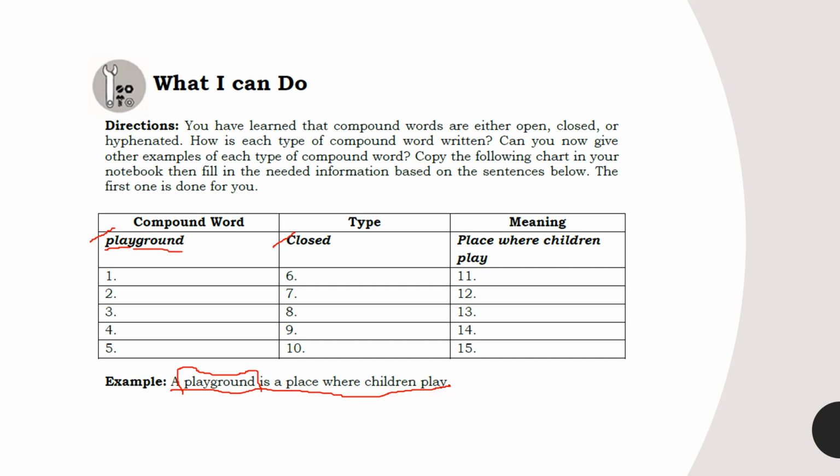There's no space, so it is a closed compound. And then the third task is for us to provide the meaning of the compound word using the context clue. It is written here that it is a place where children play, and that is the context clue or the meaning of the word playground.